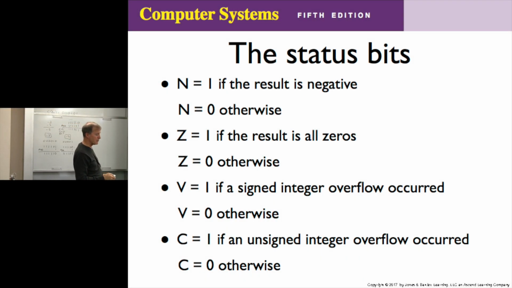Z equals 1 if the result is all zeros, Z equals 0 otherwise. V is a 1 if a signed integer overflow occurred, V equals 0 otherwise. So it's okay to add -2 and -3, and this is -5, and so V is 0 because there was no overflow. And then C equals 1 if an unsigned integer overflow occurred, and C equals 0 otherwise.